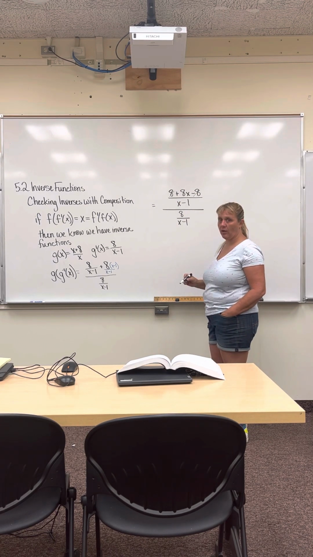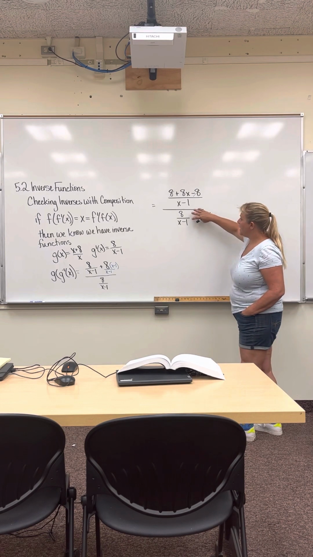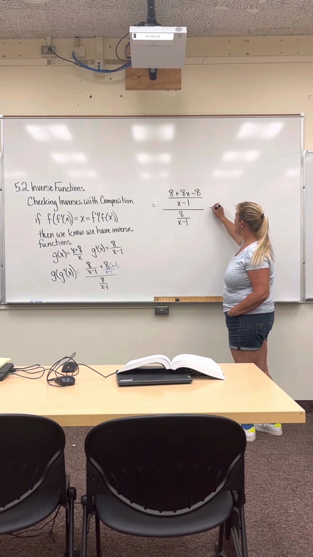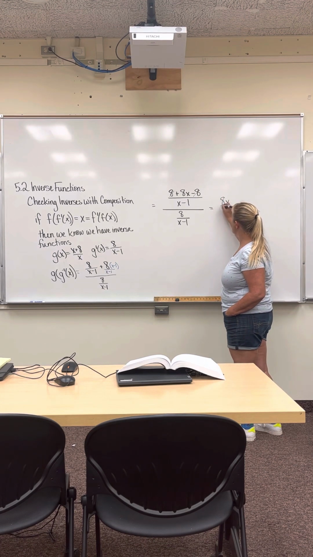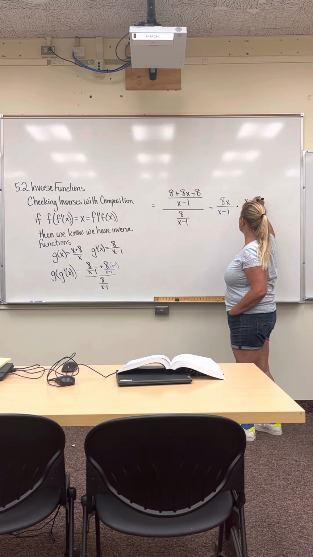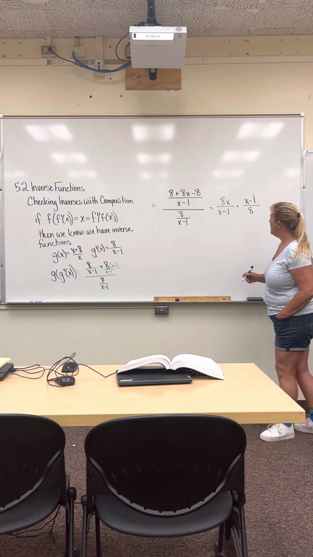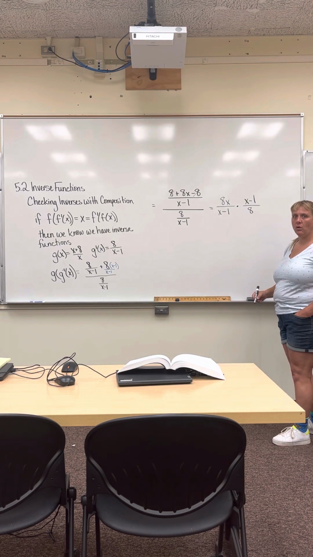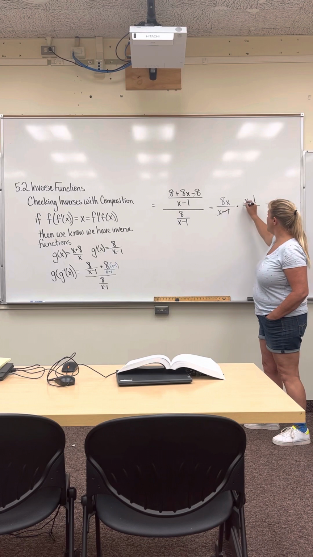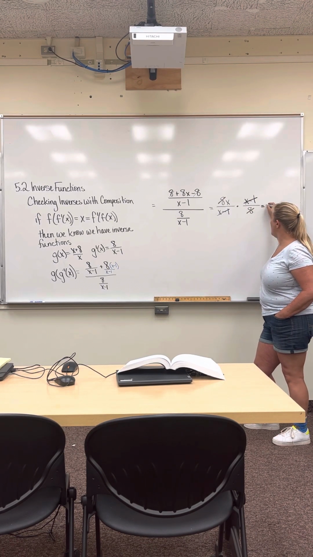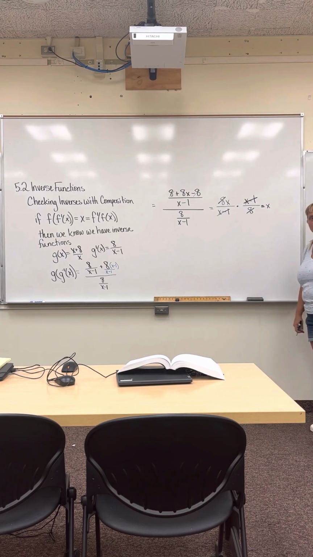Everybody agree? And then, because it's a complex fraction, can we flip and multiply? So can we write this as 8x over x minus 1 times x minus 1 over 8, right? Flip and multiply. But oh my gosh, lo and behold, what happens? Things cancel, and also cancel, and all that's left is an x. And that's exactly what we wanted to happen.